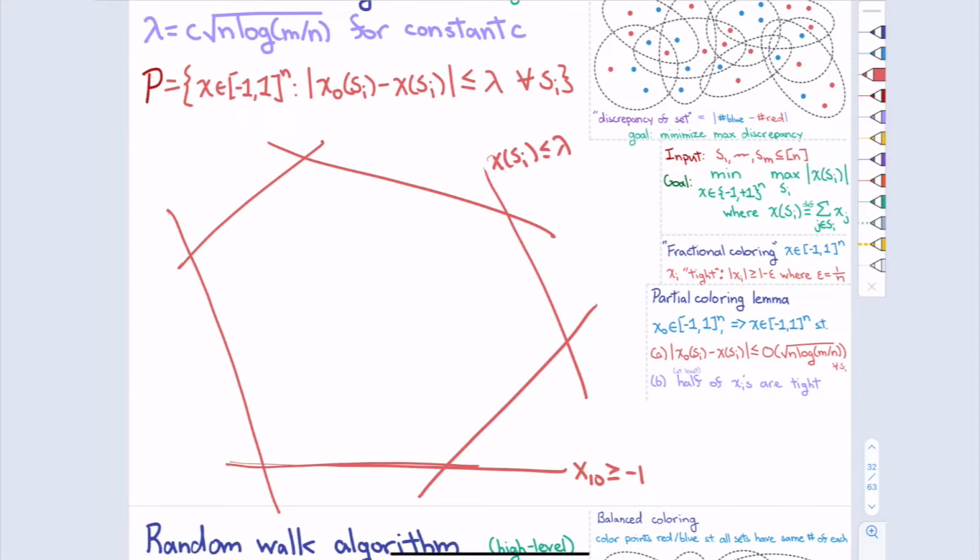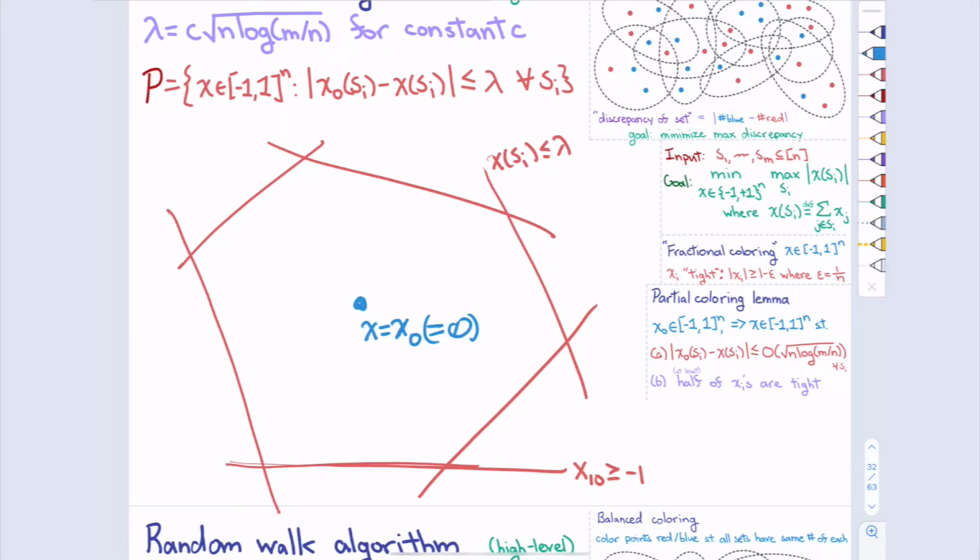And the algorithm is going to start at some point x equals x0, which you can think of as the all zero vector, because that's what it will be for the first partial coloring. It starts somewhere in the middle, and roughly, we want to get to a point anywhere in this big polytope where half of the coordinates are almost integral.